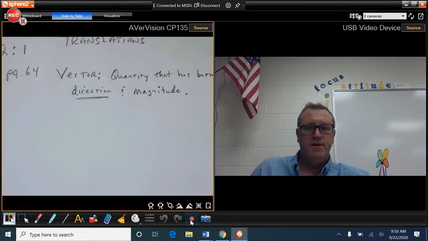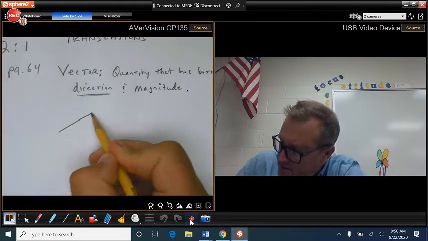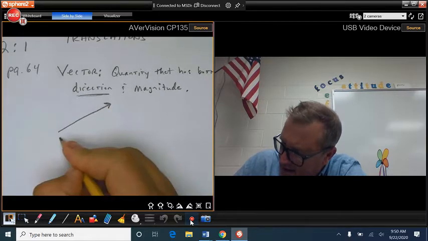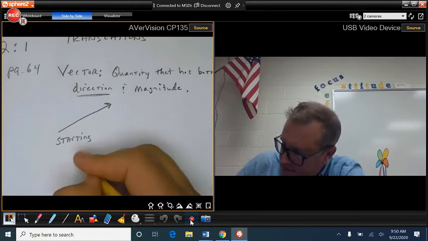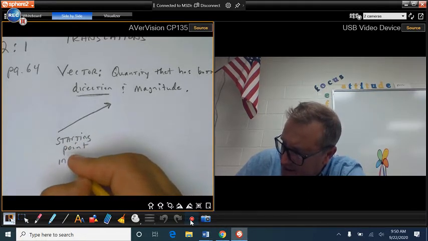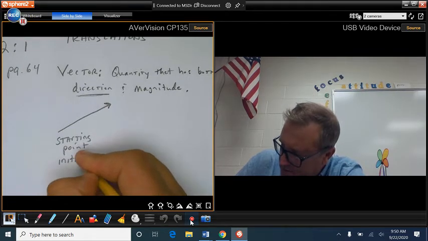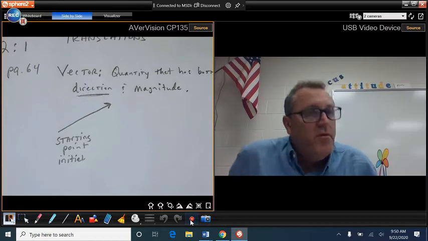Okay, so there are some definitions. Now, one thing about a vector is it has a starting point, or what's sometimes called an initial point. A starting point or initial point.